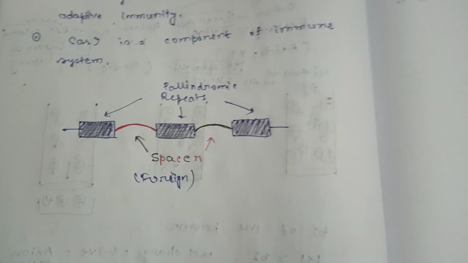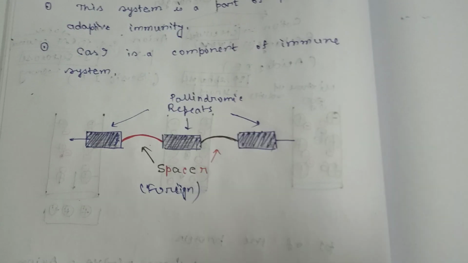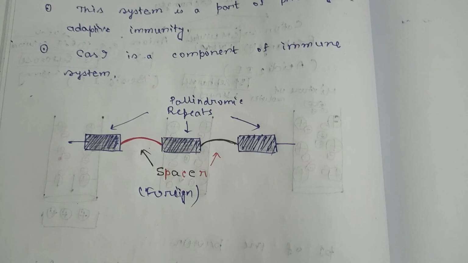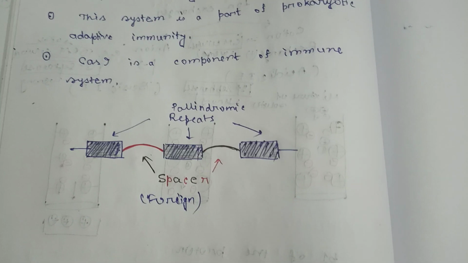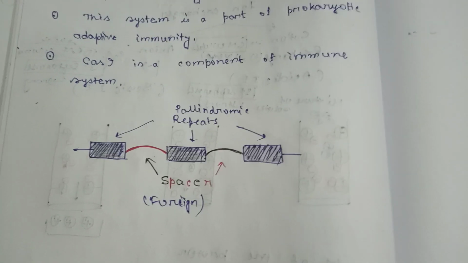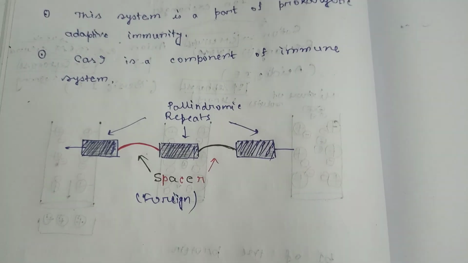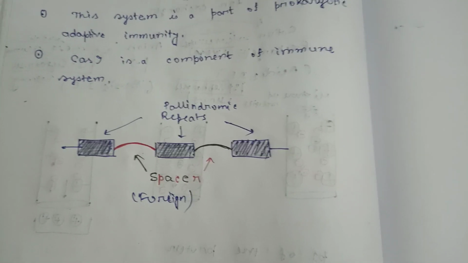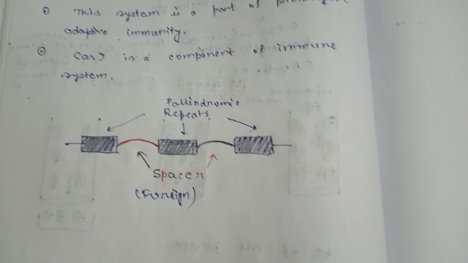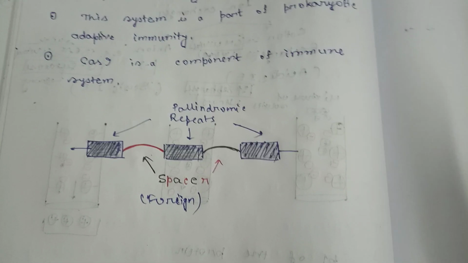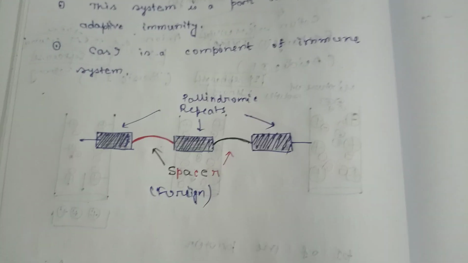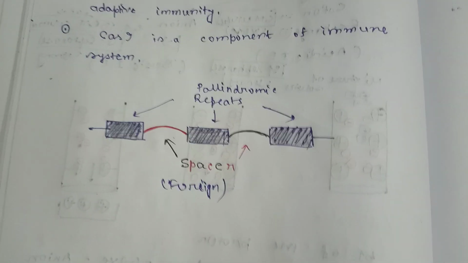This is one kind of memory, you can say, like what happens in humans also. You know that in case of vaccination, before the infection you are introduced to some viruses or some pathogens, and your immune system creates a memory of that infection, and later if you get that infection, this adaptive immunity will help you in prevention of that disease.